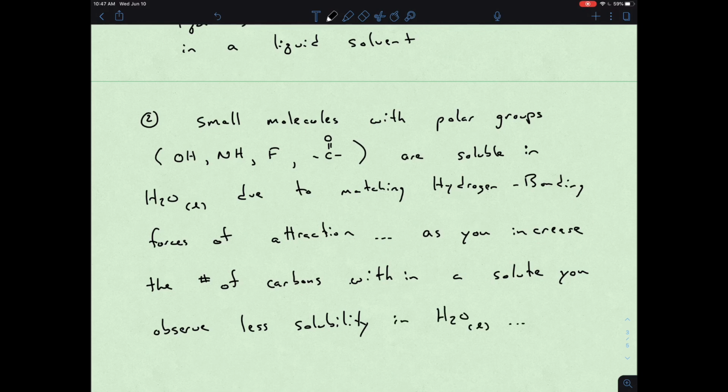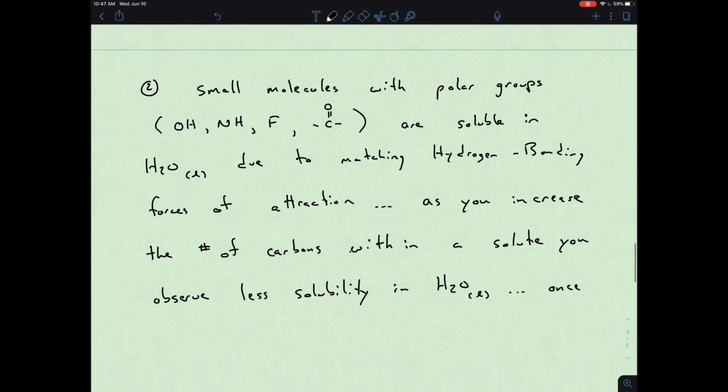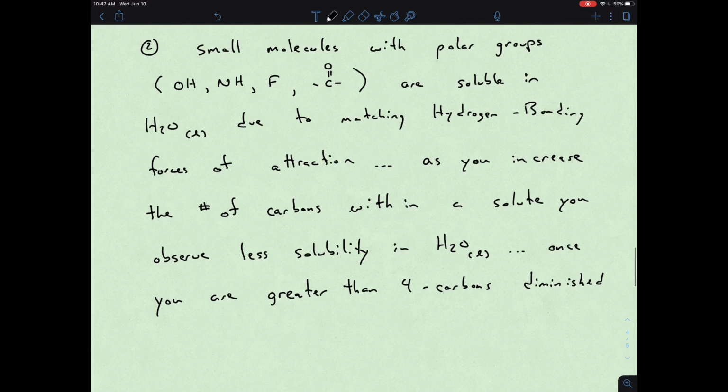And in fact, once you're looking at greater than 4 carbons, diminished water solubility is observed.